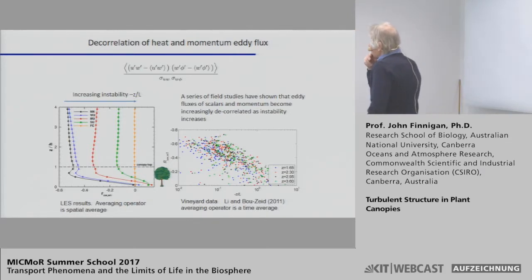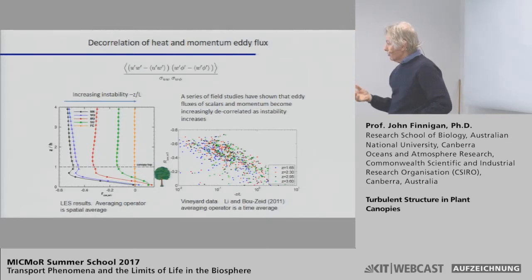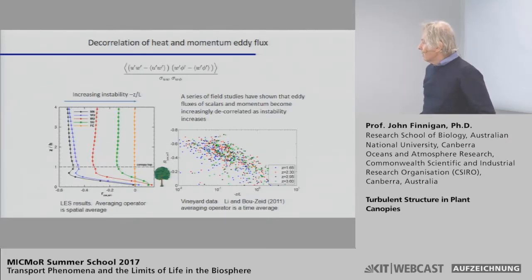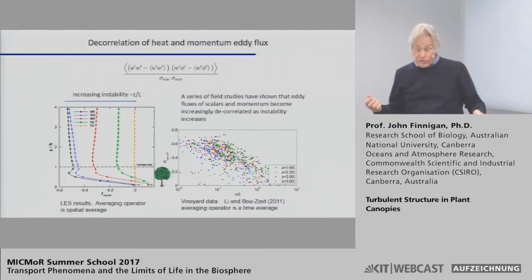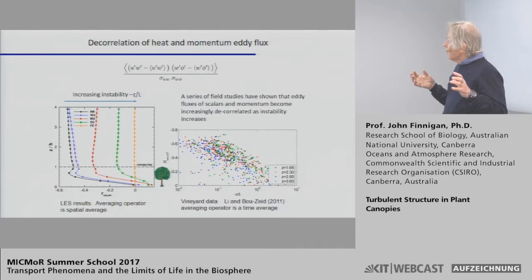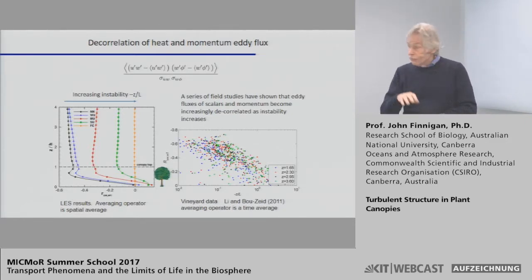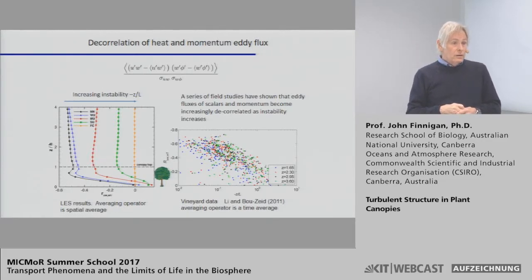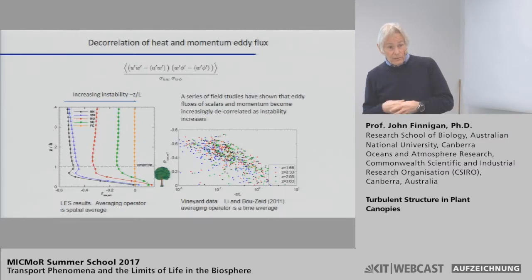And in this picture, which has become quite well known now, by Dan Lee and Elie Bouzid, we see that as instability increases, in this case denoted by surface layer scales, minus z upon L, the correlation between momentum flux and heat flux drops off. It's getting up to about 0.7, 0.6 in neutral conditions, then it gets steadily smaller as things get more unstable.